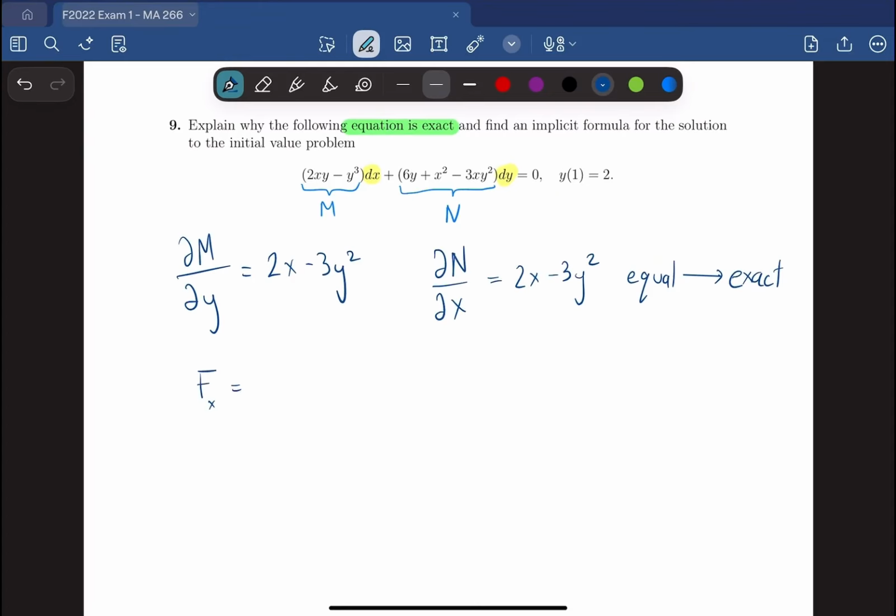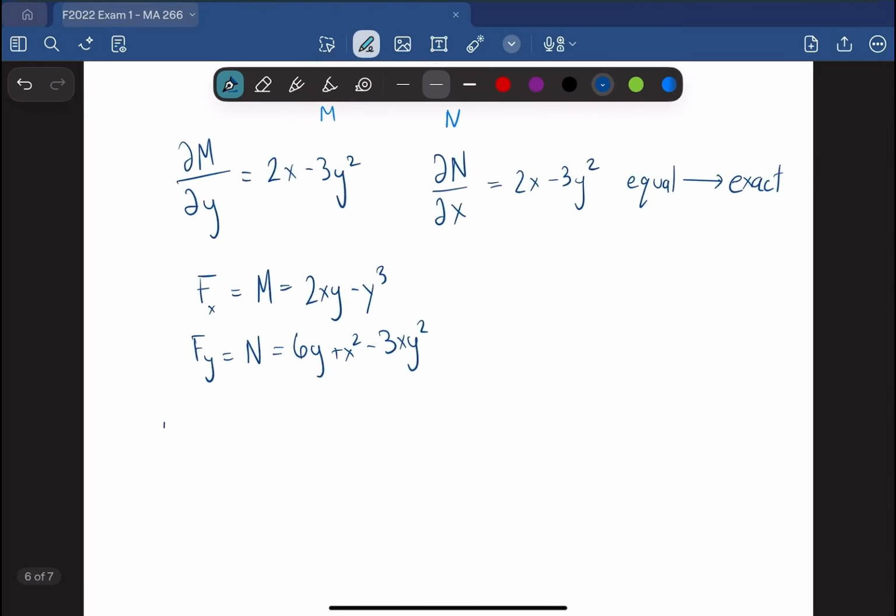So our fx is basically just going to be M, and our fy is just going to be N. And then our f of x,y is going to be the integral of our fx dx.